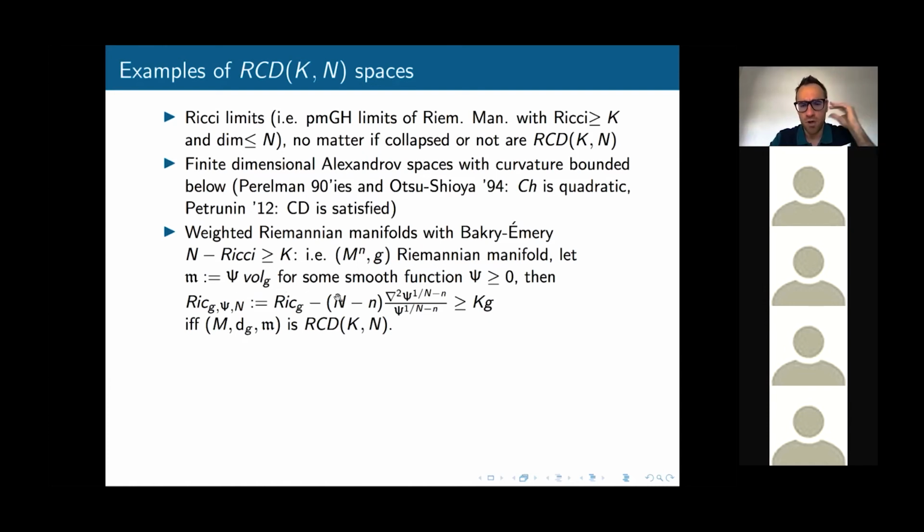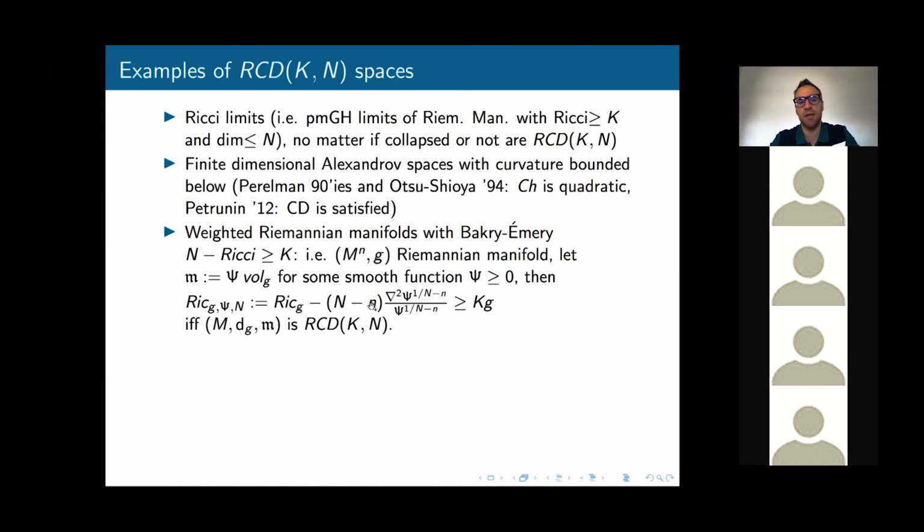This framework was very much studied by Bakry, Émery, Ledoux, etc. They proved fantastic theorems in this framework, and they detected the right way of understanding Ricci curvature: perturb the Ricci tensor of your metric g with this kind of Hessian of the weight psi, normalized in this way.